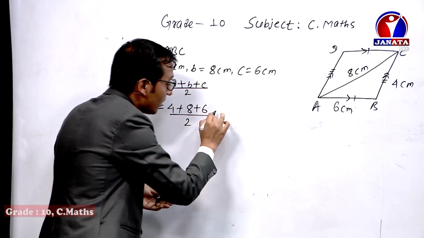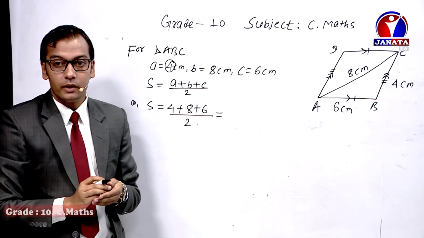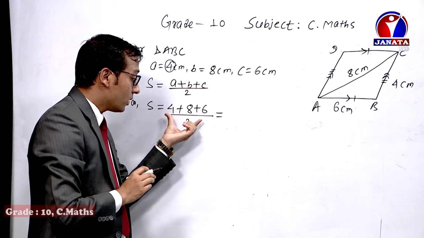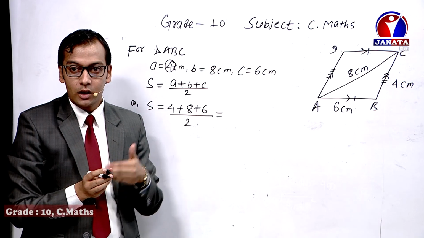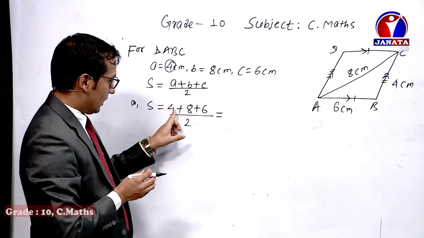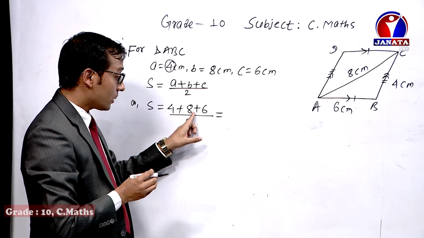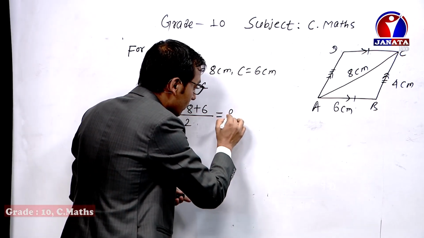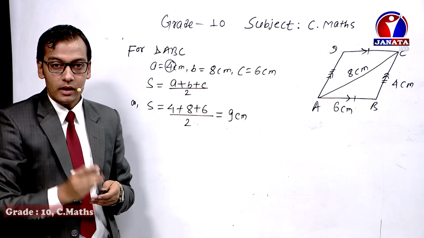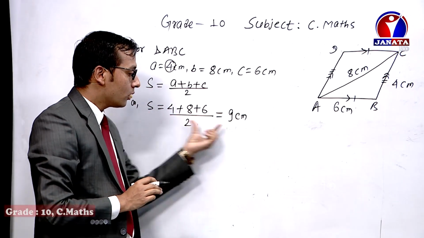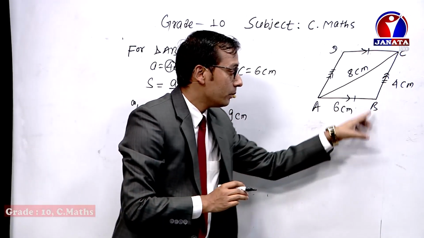Now we can find the semi-perimeter of this triangle. In fact, semi-perimeter is perimeter divided by 2. So 6 plus 4 is 10, plus 8 is 18, over 2 is 9 cm, the semi-perimeter of this triangle ABC.